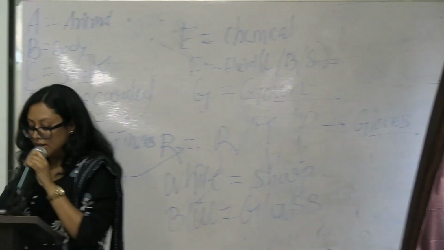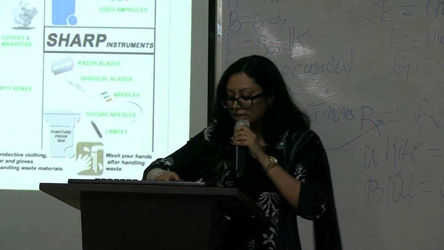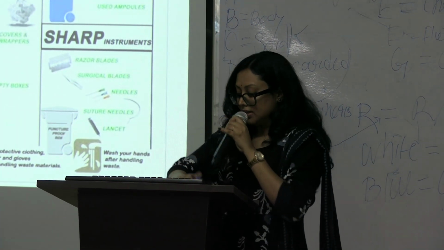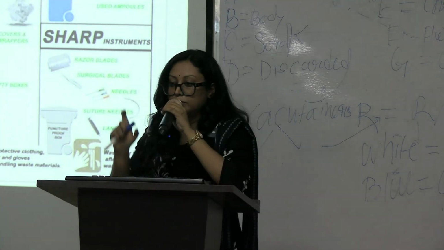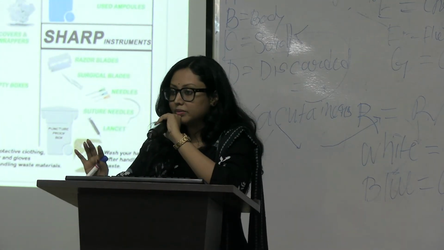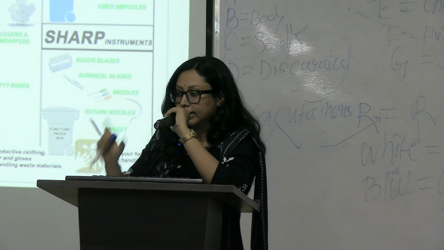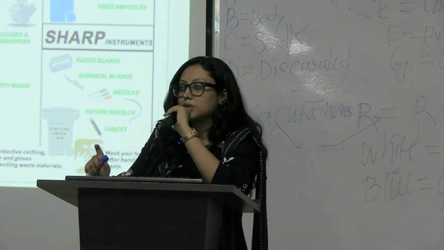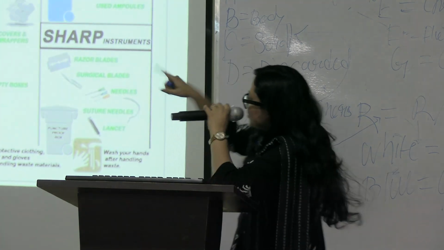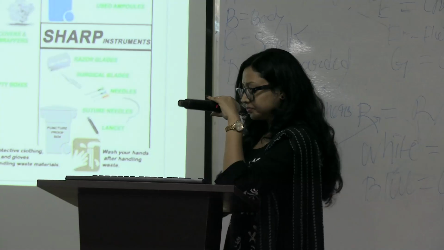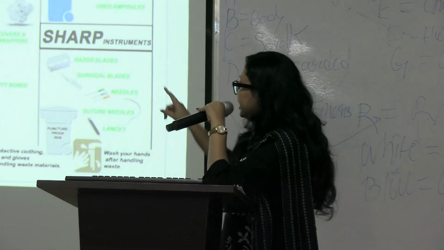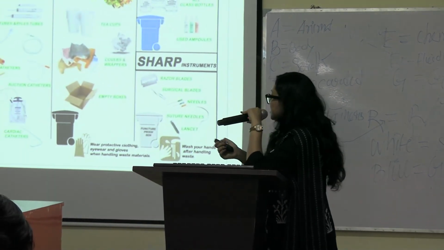Now where will the syringe and needle go? The syringe and needle are different things. The syringe is the plastic part, so the plastic part goes in red. Rubber, tube and plastic go to red, and the needle, which is sharp, goes in white. So have a look at this. And any general waste goes in the black category.